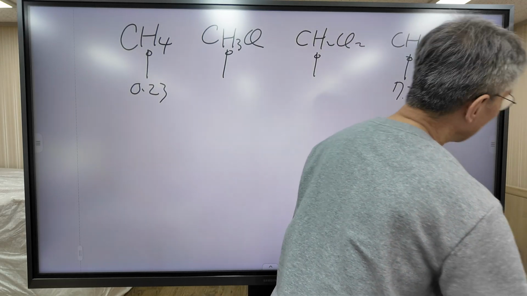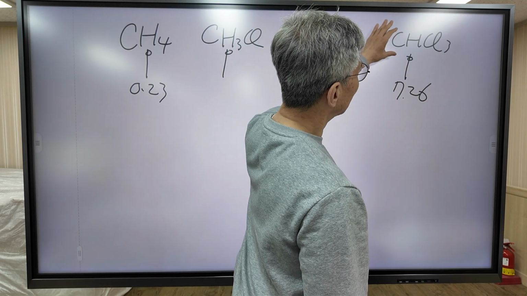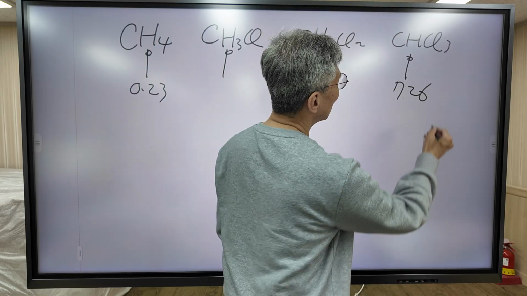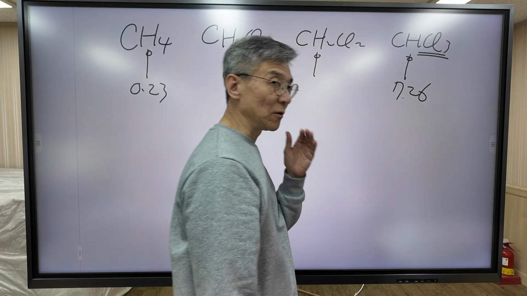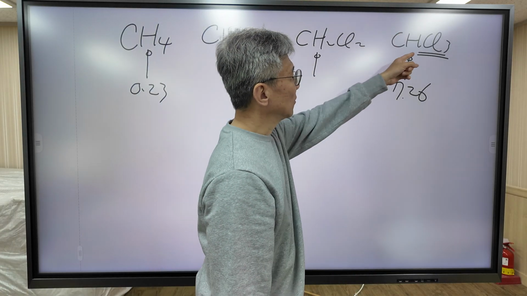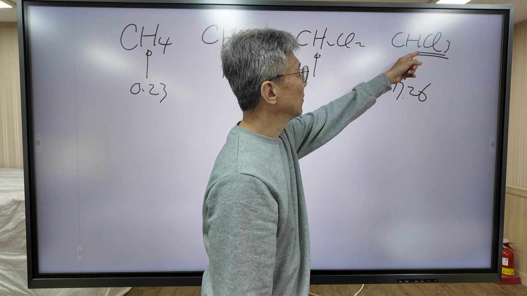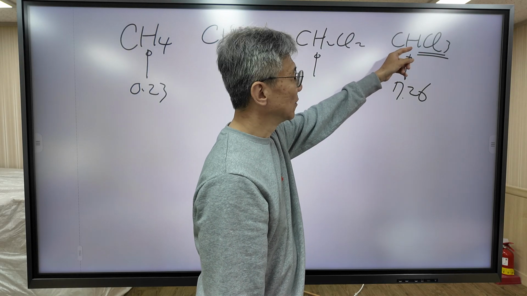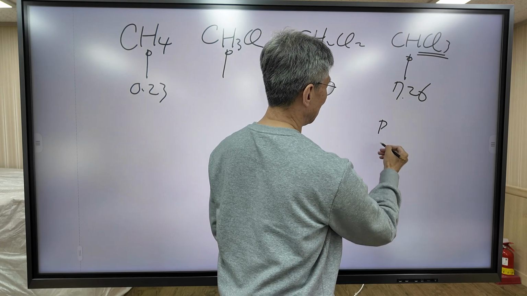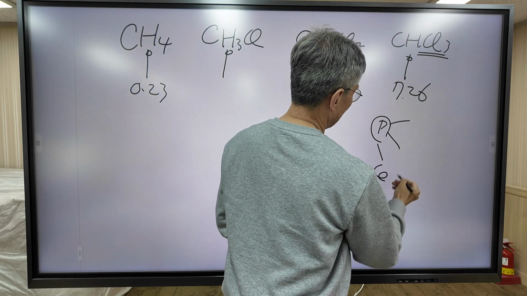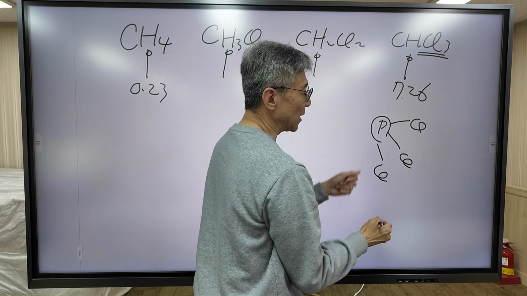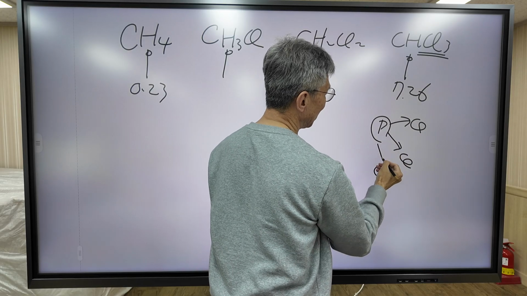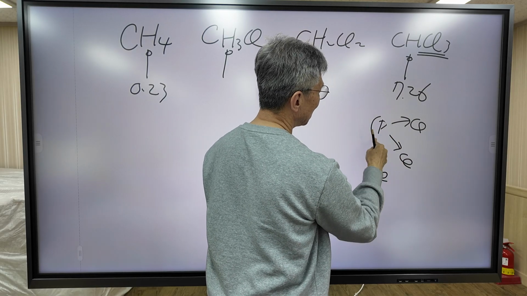but the chemical shift of this molecule is 7.26. Why is the chemical shift of this molecule very large? Because chlorine is an electronegative atom. The three electronegative atoms remove electrons from the proton. So in this case, 3 chlorine atoms attract or withdraw electrons from the proton.